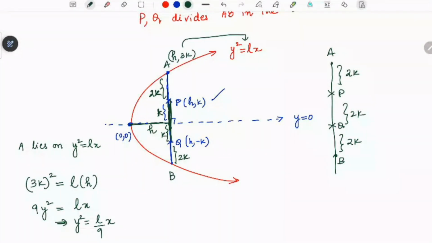So what did I understand just now? These points of trisection, if I have different double ordinates, I collect their points of trisection. They also lie on one parabola. This is what I have understood.